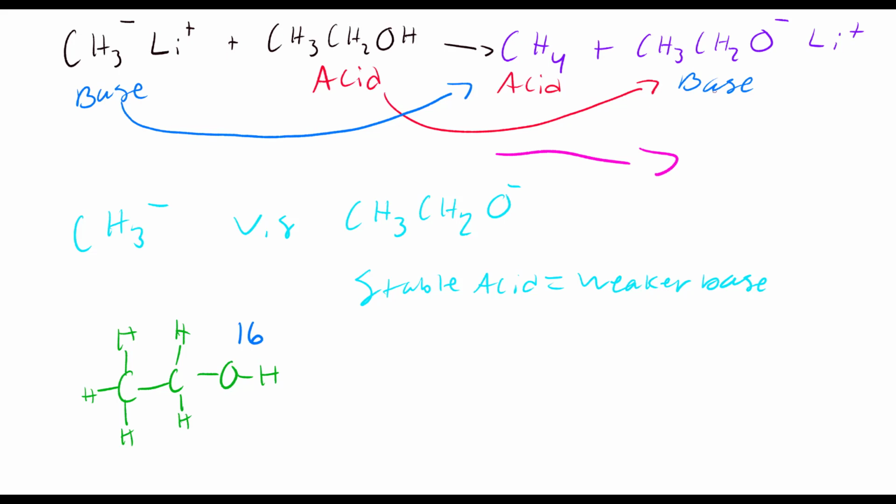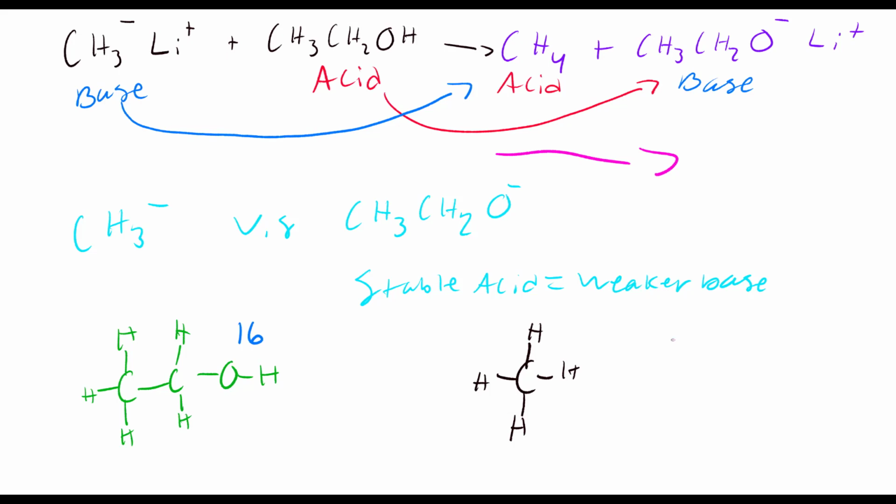Okay. And now we're going to be comparing our other acid, CH4, methane. Well, there are 4 things surrounding our carbon, and there are only hydrogens. So we're not going to be using electronegativity, because C and H are almost the same thing. They're nonpolar. So the only thing that I know how to do with carbon and hydrogen is sp trends.